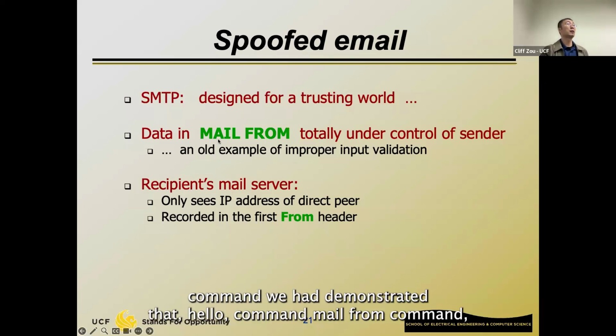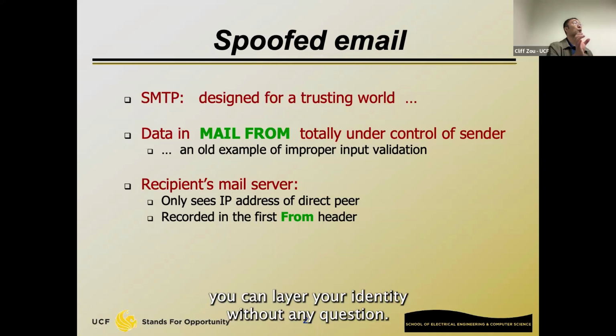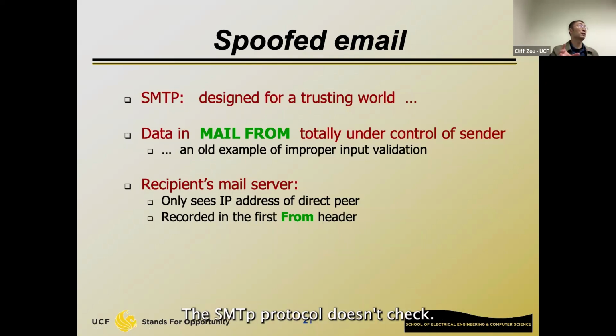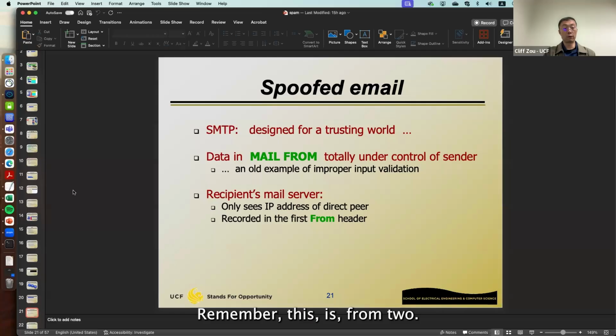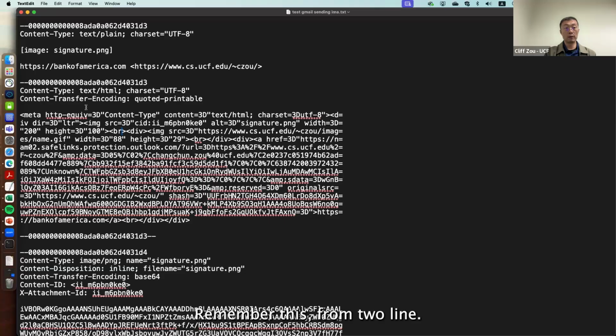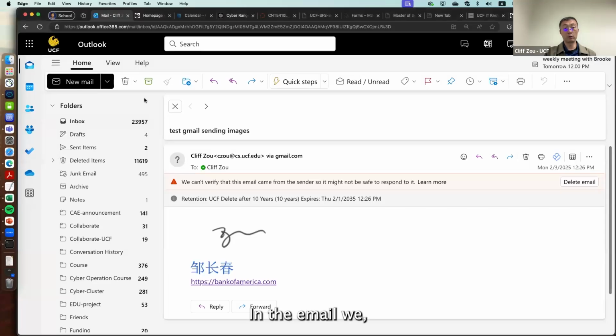And as we have demonstrated with the hello command and the mail from command, you can lie about your identity without any question. The SMTP protocol doesn't check. That's why a spammer can always lie that they are from your IT department. Remember the from and to lines in the email we received?